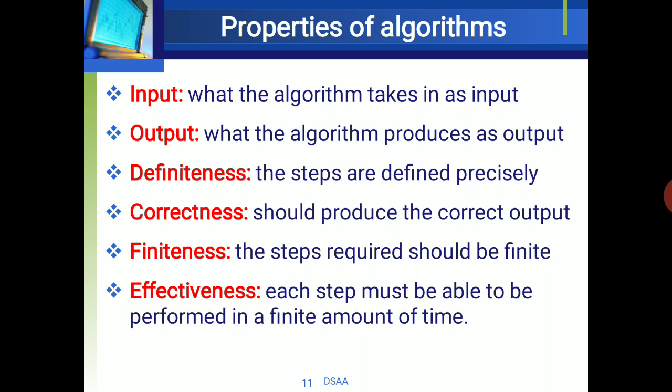And next is definiteness, meaning your steps should have proper clarity and be defined precisely. Next is correctness, it should produce the correct output. And next is finiteness. Finiteness means the algorithm should end somewhere. It should not keep on moving, keep on moving.